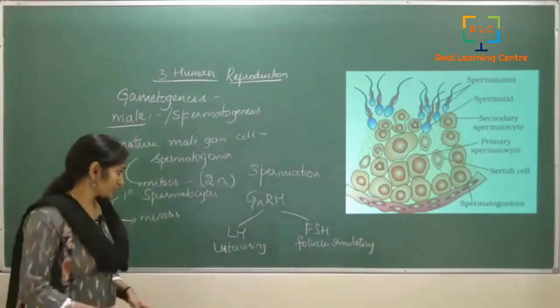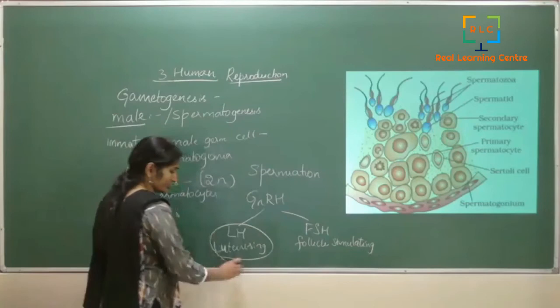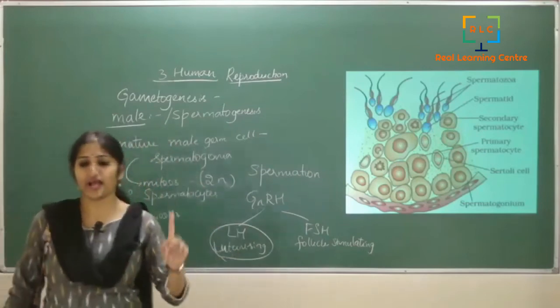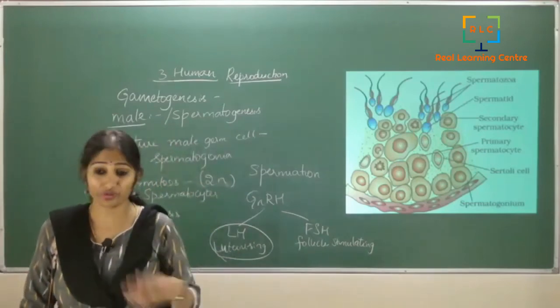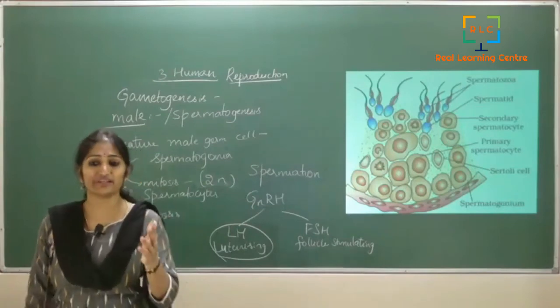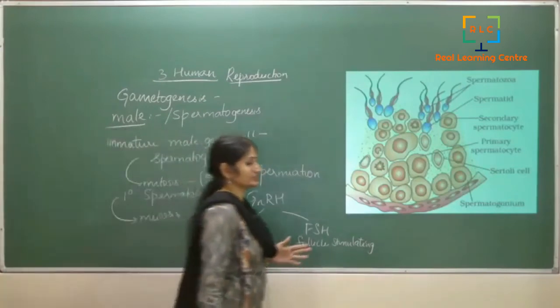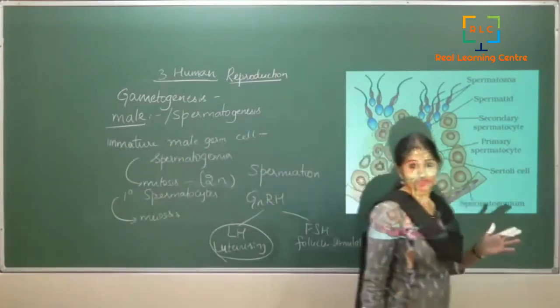Okay, now what this LH does is it goes directly, acts on the Leydig cells, and you know what Leydig cells do? Leydig cells are involved in the secretion of androgens.